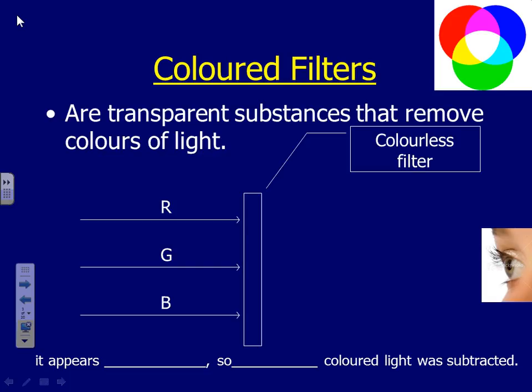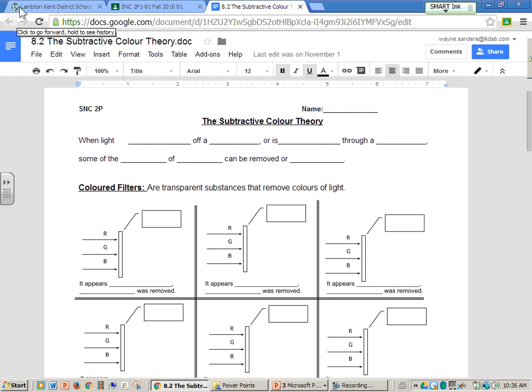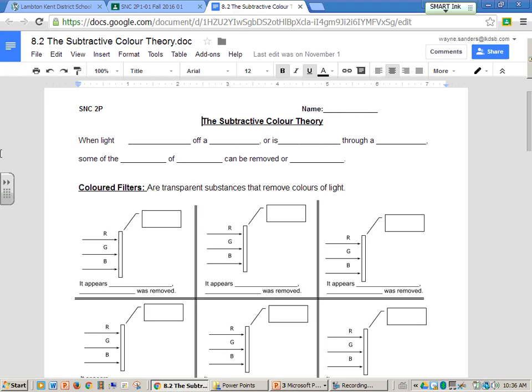It appears blank. So blank colored light was subtracted. And again, if you go to Google Classroom, I'm going to show you what that looks like right now. So I went to the subtractive color theory, I opened that document up, and in the subtractive color theory, oh, you can't see any of that because it's frozen, which kind of defeated the purpose.